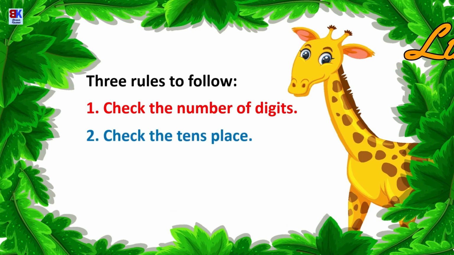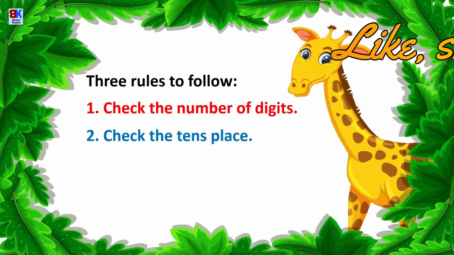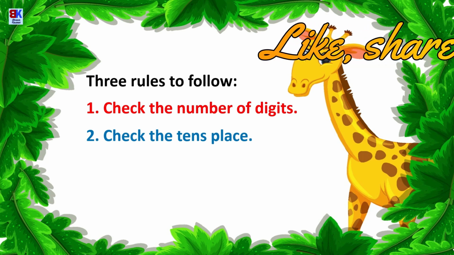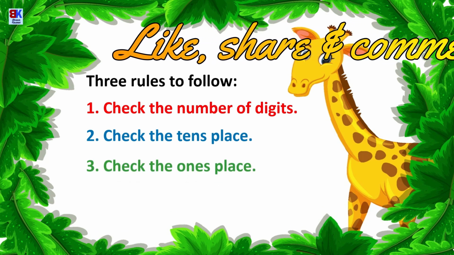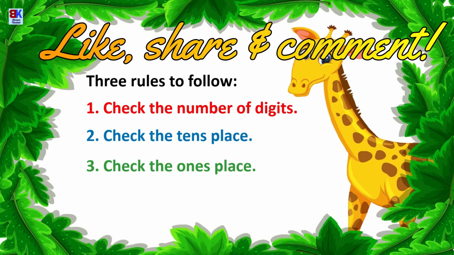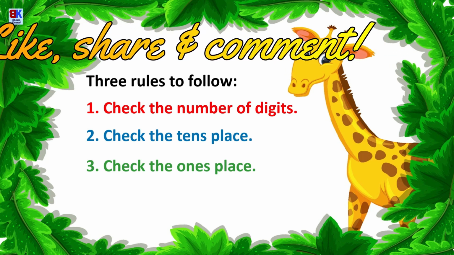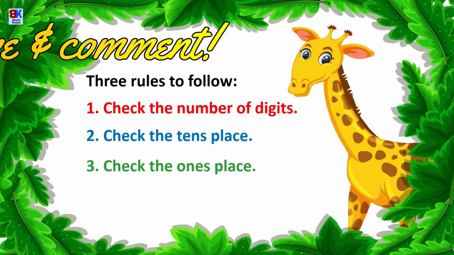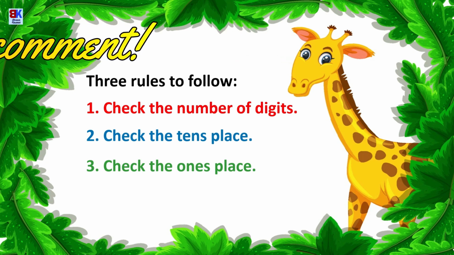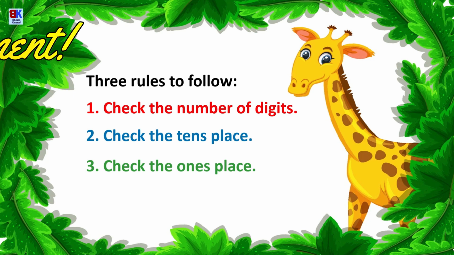If the number of digits are same, then check the tens place and again compare numbers. If the numbers are same in the tens place, then check the numbers in the ones place and compare. You will understand these rules further when we solve some questions together.